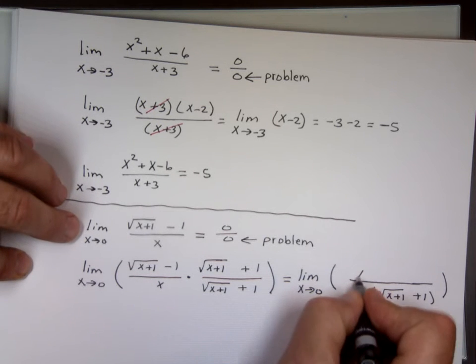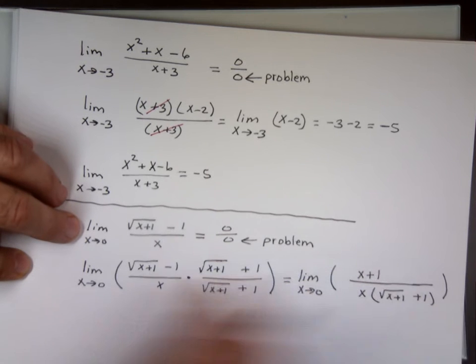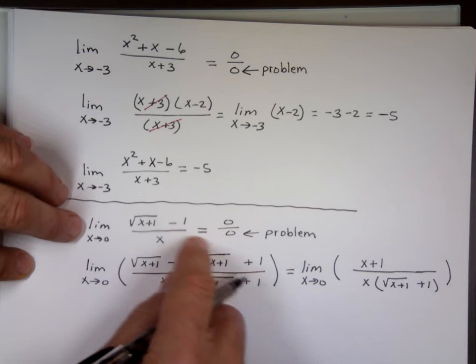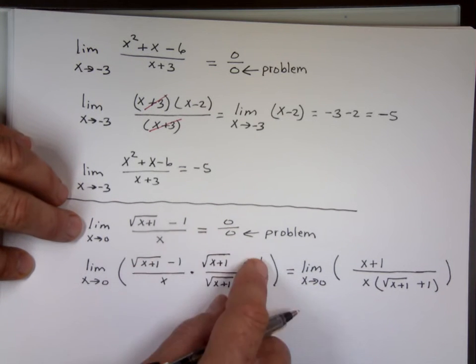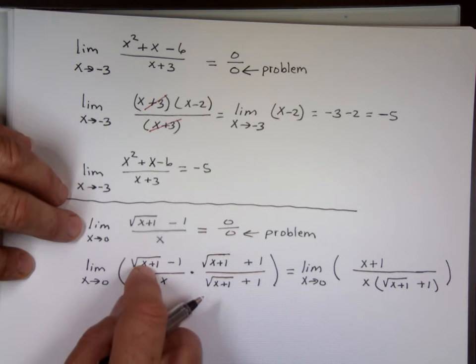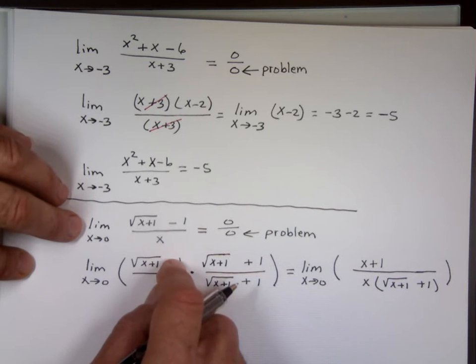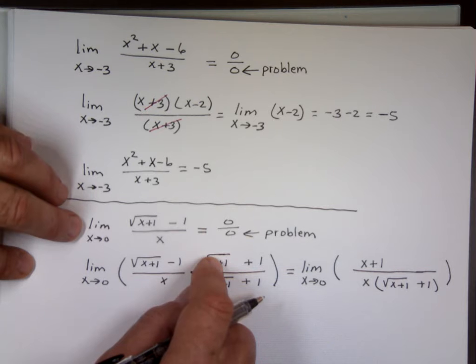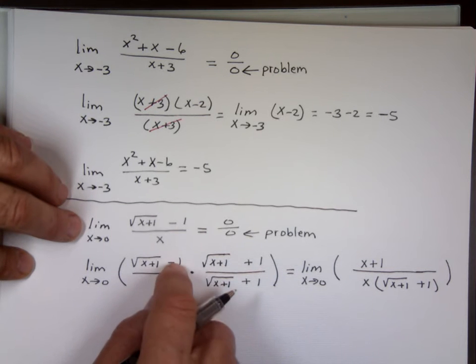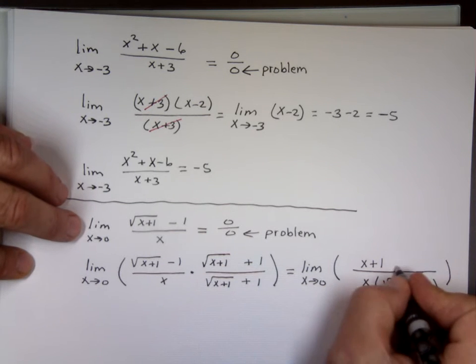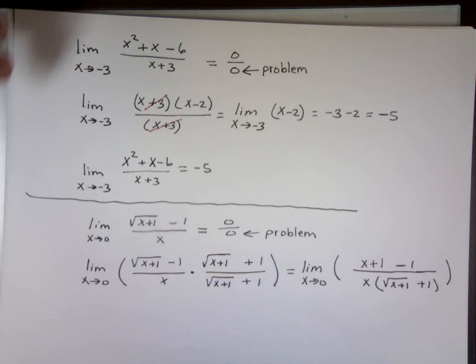The two middle pieces will cancel each other out, not even worth listing. One is plus the square root of x plus 1, the other one is minus the square root of x plus 1. And the last piece, what's minus 1 times plus 1? So I'm using the FOIL method, and I'm canceling in one step. What's plus 1 minus 1? Gone.